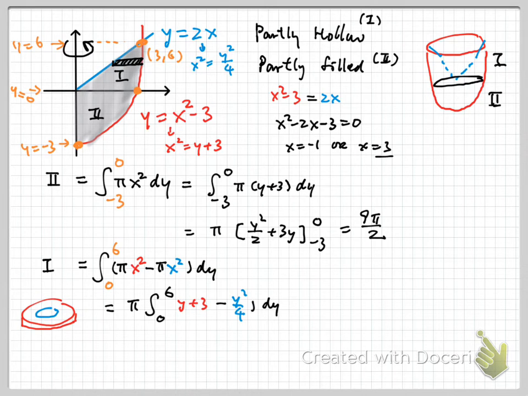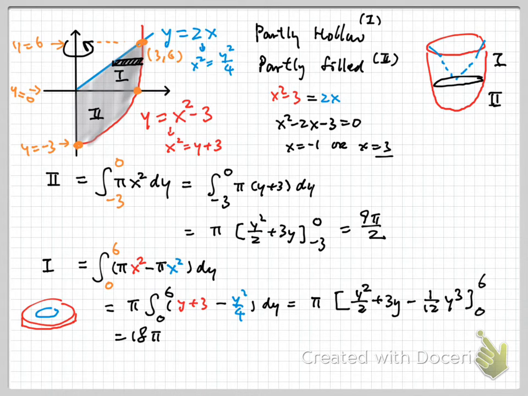We integrate with respect to y, and that goes to y squared over 2 plus 3y minus 1 over 12 y cubed. We do it from 0 to 6. So we put 0 and 6 into it, and this part goes to 18 pi. 18 pi is the volume of here, without the hole. That is the volume of this part.